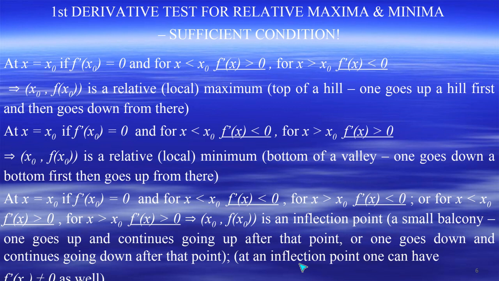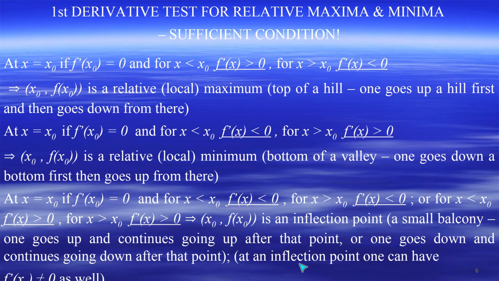Now we are coming to another condition, which is a second order condition, a sufficient condition for determining which point is maximum, which point is minimum, or which point is an inflection point. This is called the first derivative test for relative maxima and minima, for relative extrema. Although it uses the first derivative, this test is a second order sufficient condition.